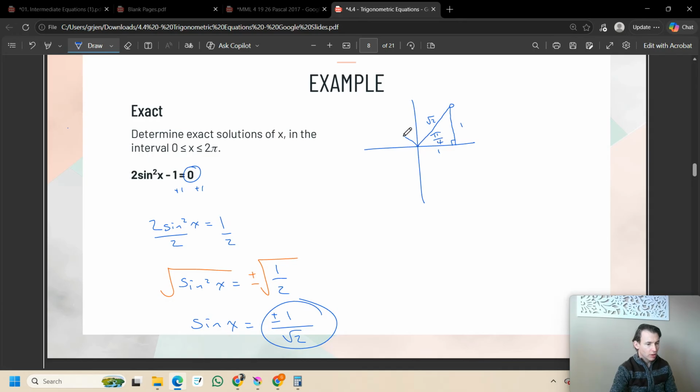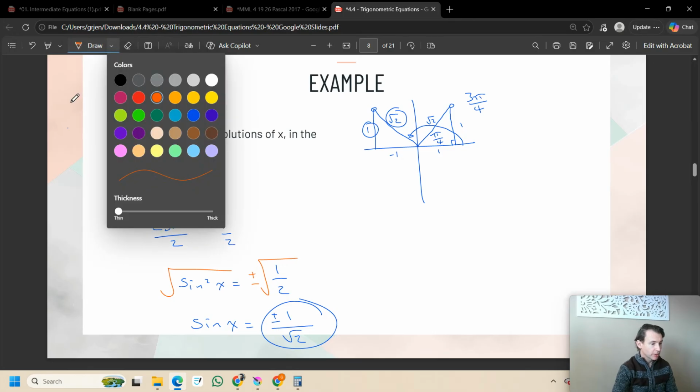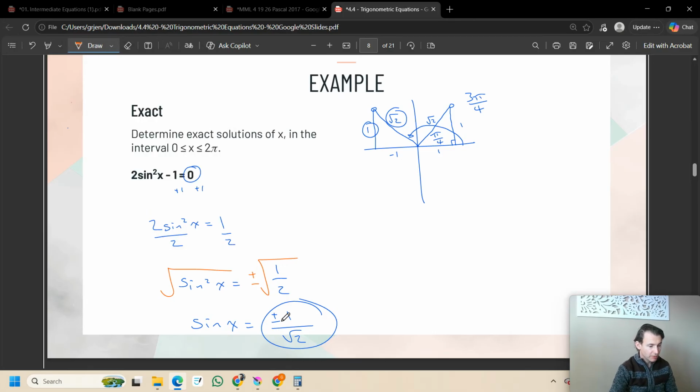Or I could have this one over here where it's still 1 root 2 negative 1. That works as well because we're doing this one over that one for sine. So that's 3 pi by 4. And then we can also have negative, right?